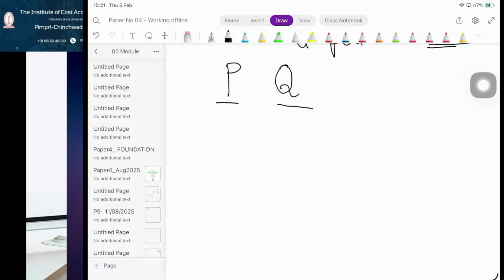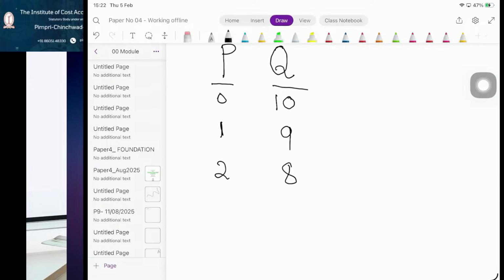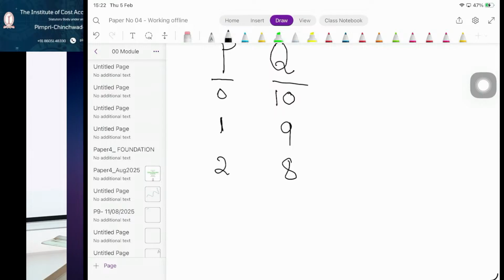So if, let us say, price is 0, quantity demanded is 10, price is 1. Are you getting what I'm doing? I'm increasing the price by 1. As the price increases, quantity demanded will decrease by 1. So complete this table all the way till price becomes 10, and you should get quantity equal to 0. Complete the schedule.